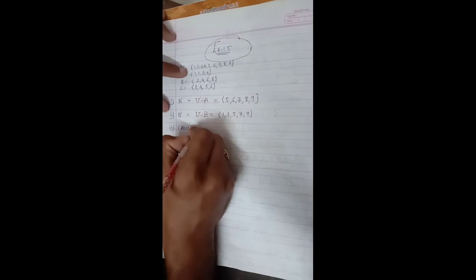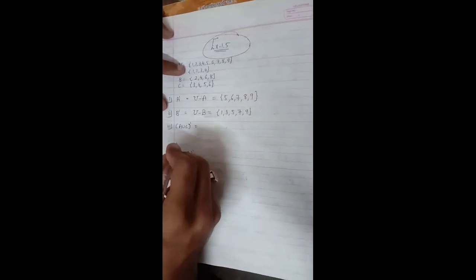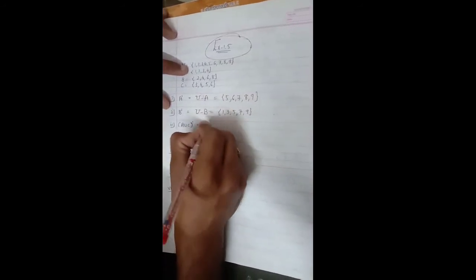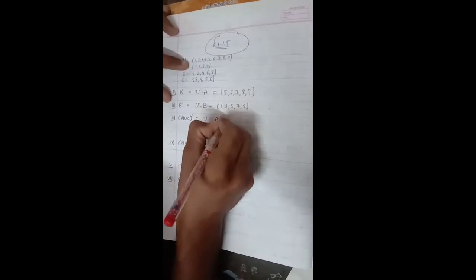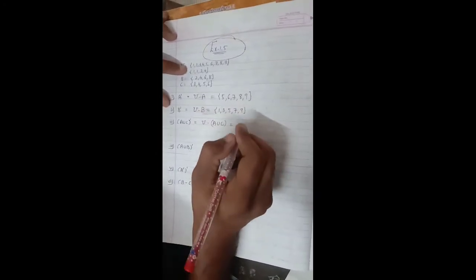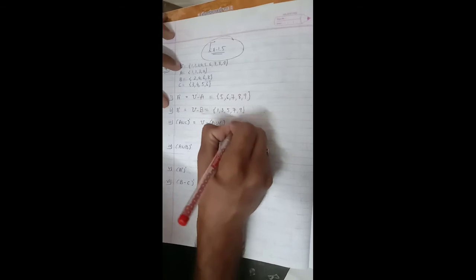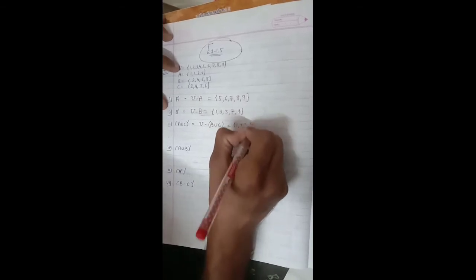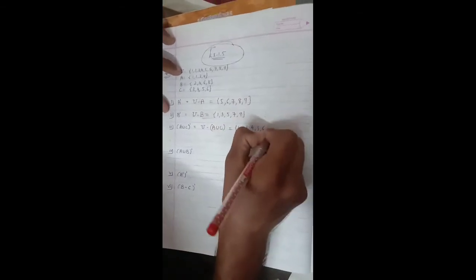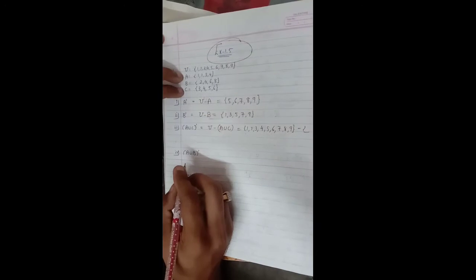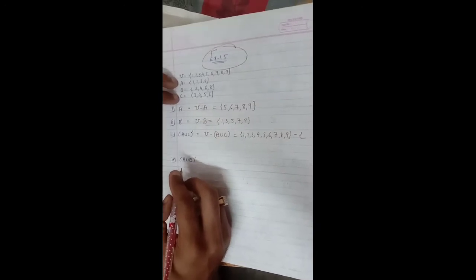A union C whole dash means U minus A union C. First, U is equal to what? 1, 2, 3, 4, 5, 6, 7, 8 and 9. And A union C is equal to what? It means all members of A and C, no need to write common members.